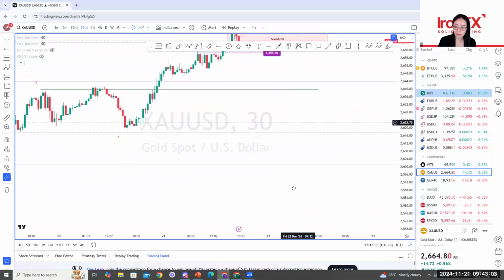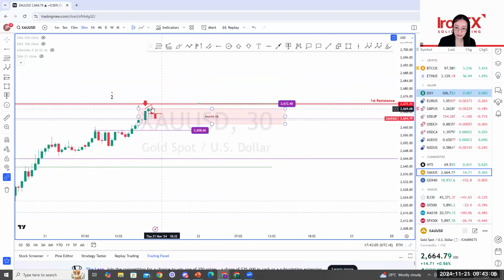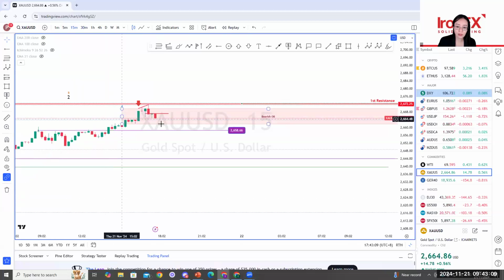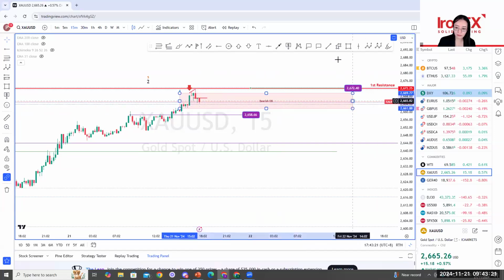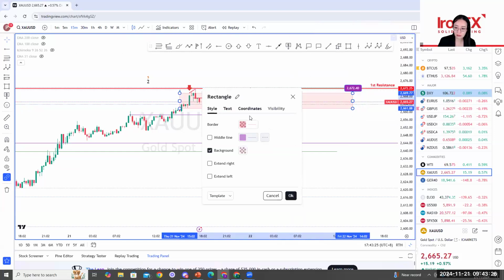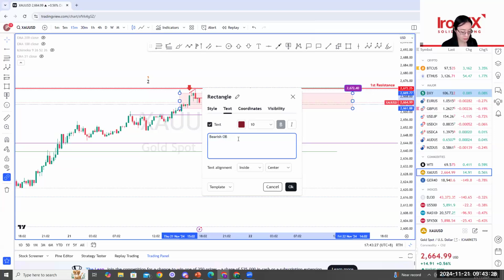Okay, M30, it looks lovely. This one engulfs this candle. M15, this is the price action, and we see the divergence here. So have a red candle closing below this box, and then we will identify a bearish order block. Which one?